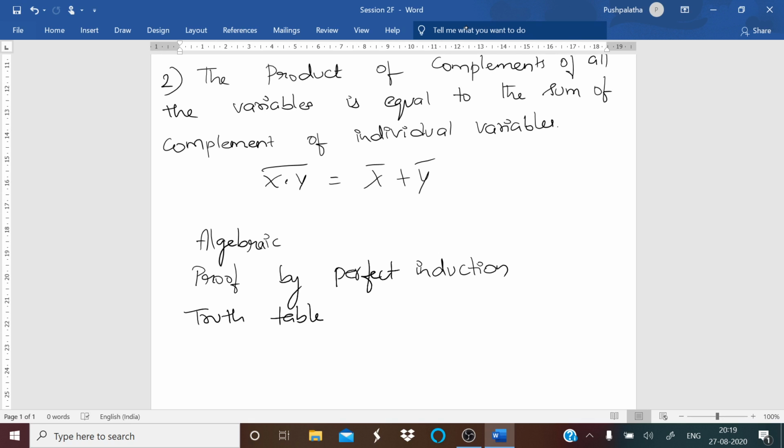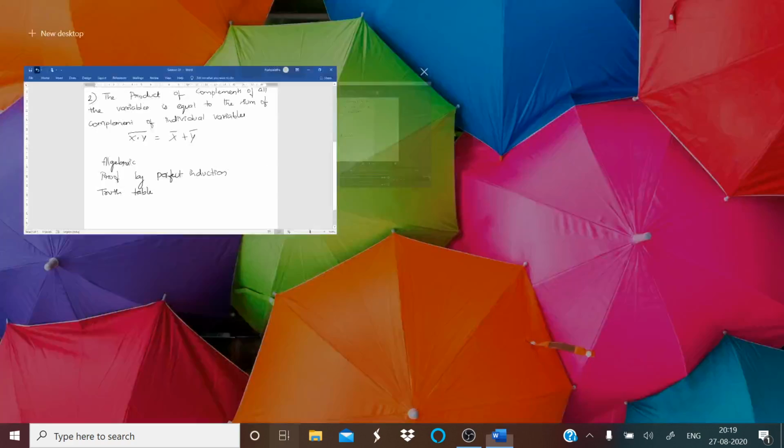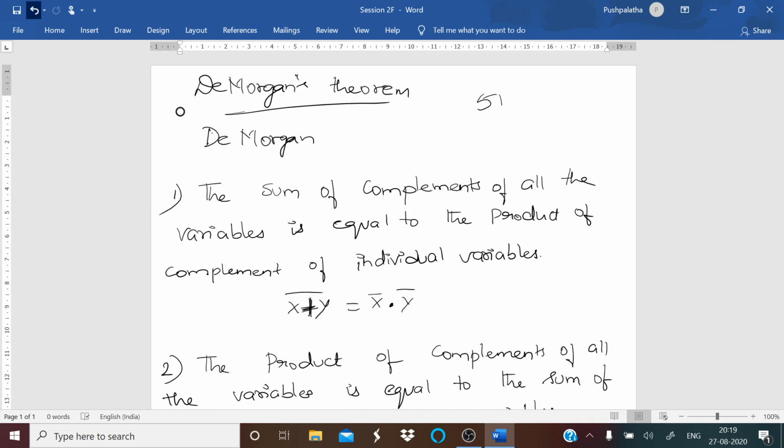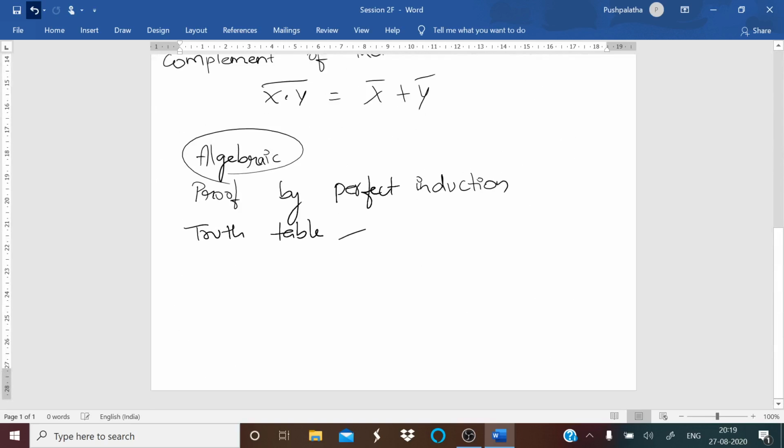If they do not ask you any one particular variety, then you can go for whichever is easier for you. Easier will be the truth table. But if they specifically ask you to prove it using the algebraic method, you have to use the algebraic method only. And this is a very important question for 5 marks.